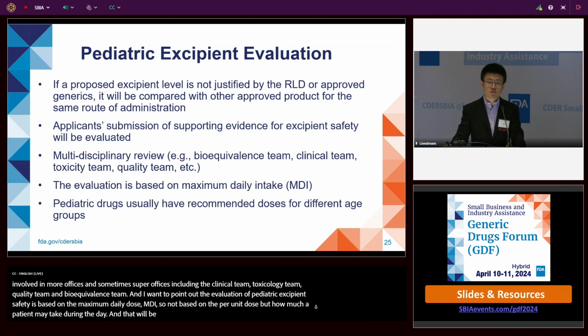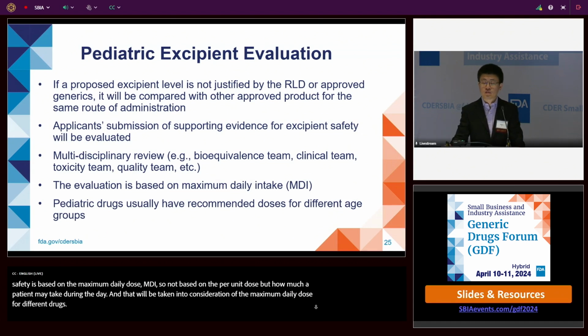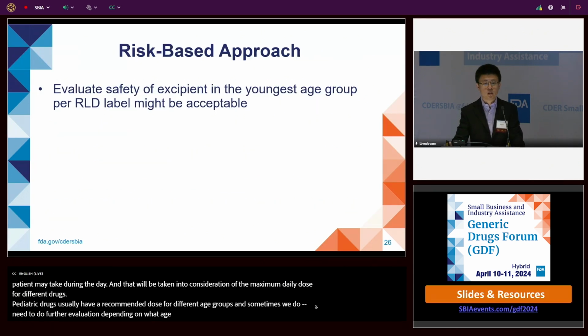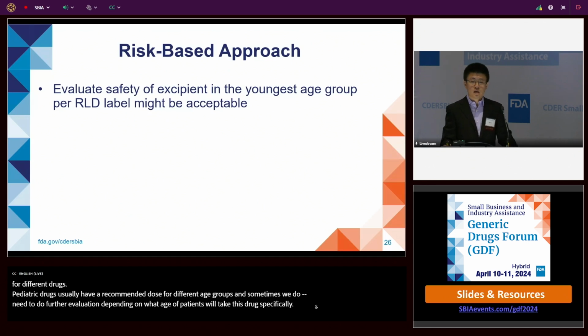Pediatric drugs usually have recommended doses for different age groups, and sometimes we need to do further evaluation depending on what age of patients will take this drug specifically. But generally speaking, there is what we call a risk-based approach.